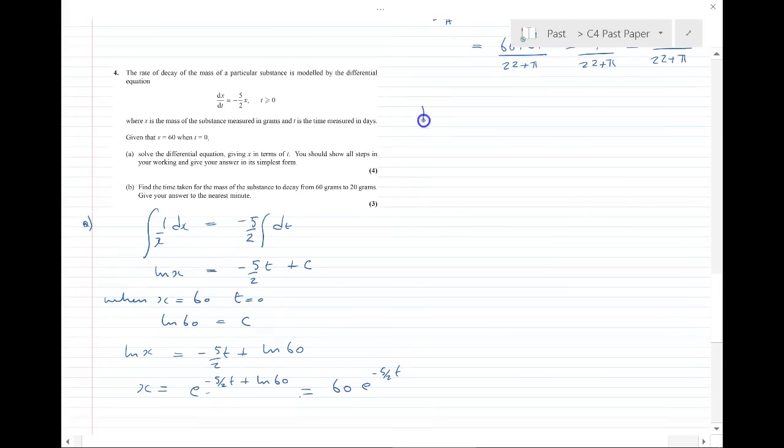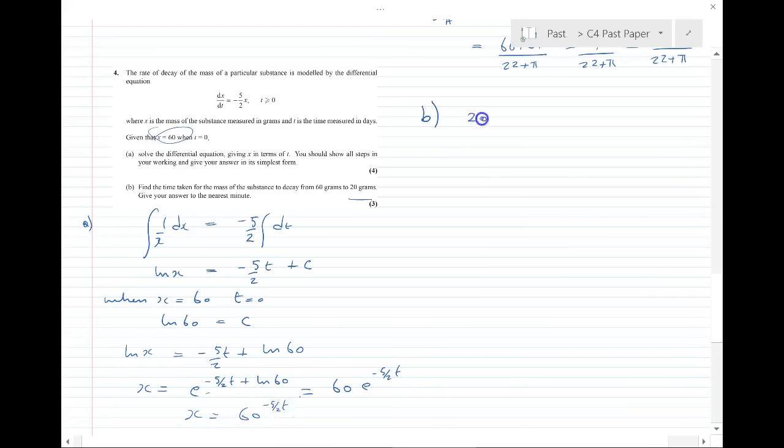Then part B, it says find the time taken for the mass to go from 60. Well, it starts at 60, so no difficulty there, to 20. So we're just basically putting 20 into this formula here, and finding the corresponding value of t.